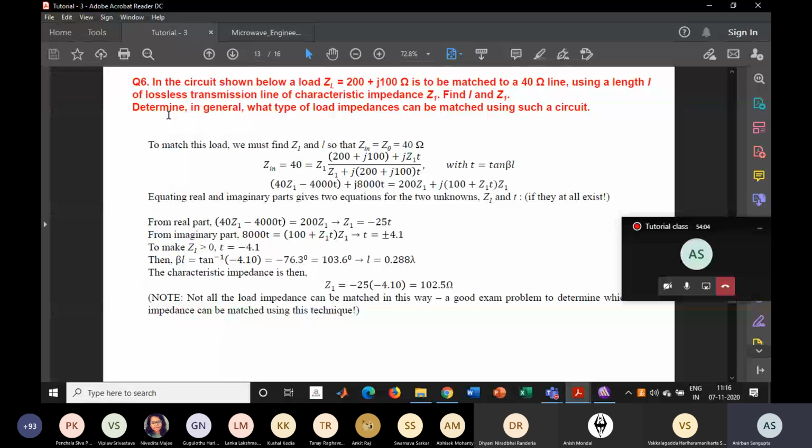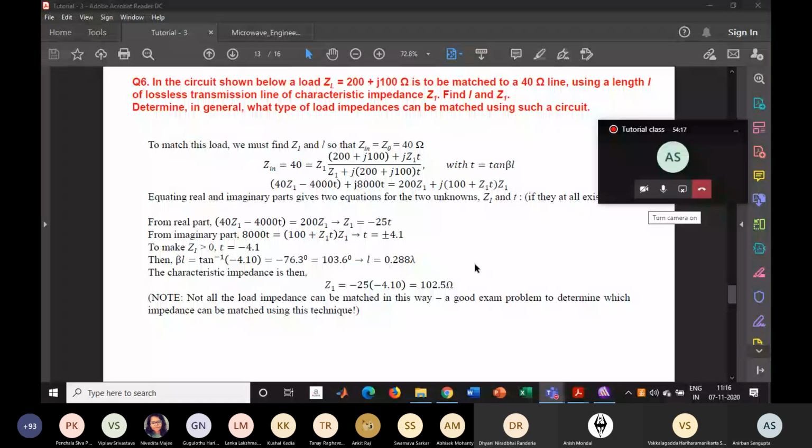Now the comment is to determine in general what type of load impedance can be matched. So the comment is that not all load impedances can be matched in this way, because this T value will have a defined value. For this case, it is realistic, but for different matching problems or load impedances, this may not be a realistic value.